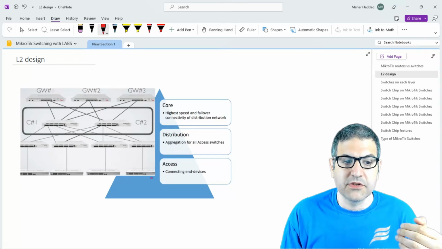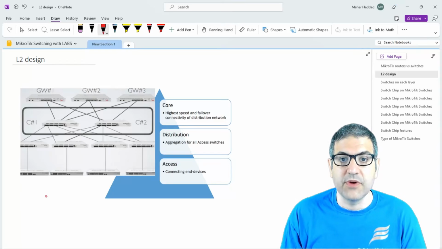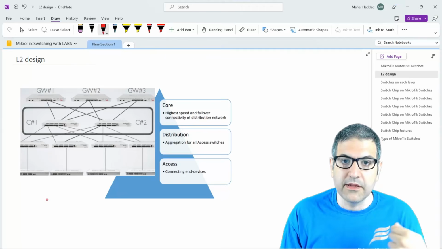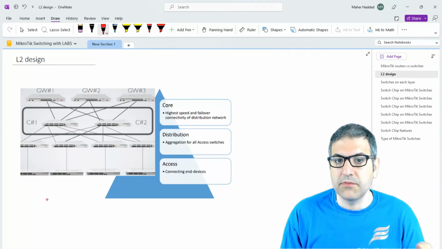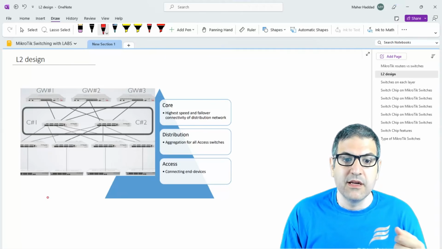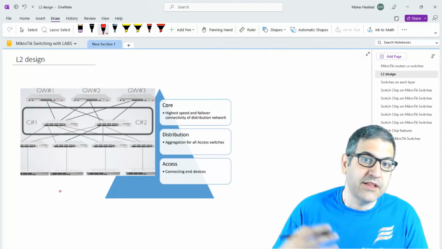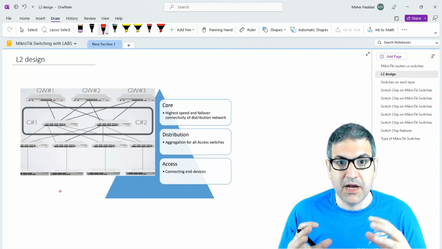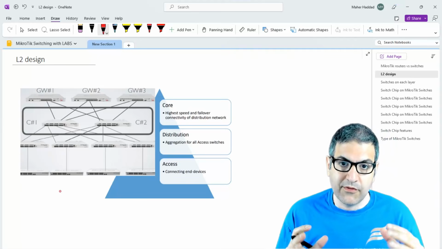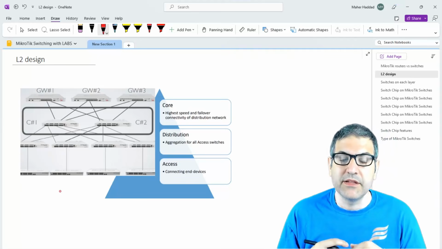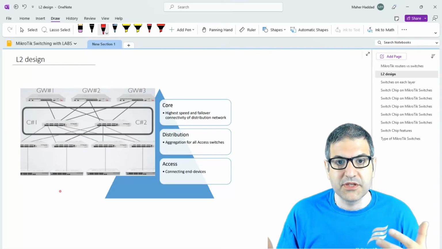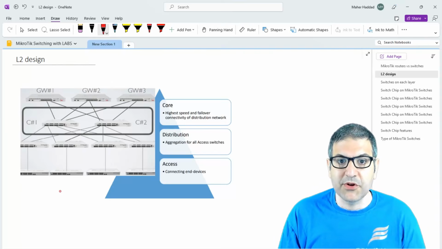Access layer means switches which are connected directly to end devices, like laptops, desktops, IP phones. So those are called access layer switches. Over here, you do not really need to buy the very advanced switches from MikroTik. You just buy the normal ones, which are, of course, cheaper, and they don't have a lot of resources that you can use. But that's fine because you put them on the access layer.